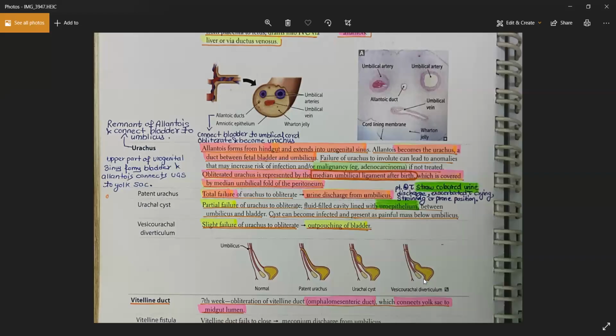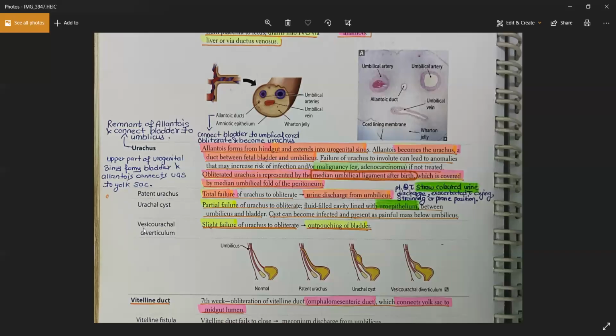It contains all the layers of the urinary bladder: the muscle layer, the urothelium, remember? So the muscles, urothelium, everything will be present in this diverticulum. This outpouching-like structure will be seen. So this is a vesico-urachal diverticulum. Any doubt about these three disorders, the patent urachus, urachal cyst, and the vesico-urachal diverticulum?